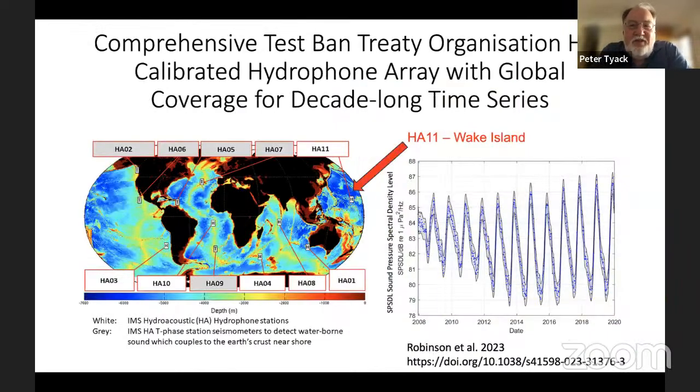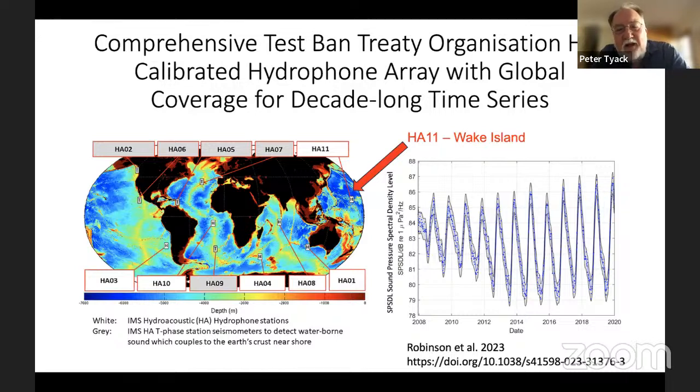To give an example of some of the benefits of decadal plus time series, I mentioned the CTBTO, these calibrated hydrophone arrays. On the left are the locations of the 11 sensors. The white ones are hydrophones. The bottom ones measure acceleration on the sea floor.